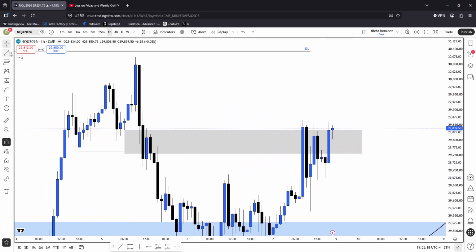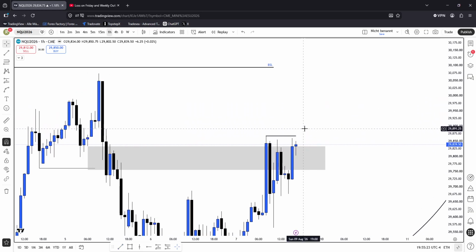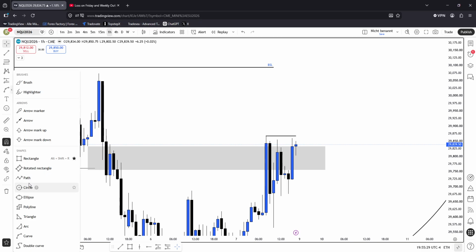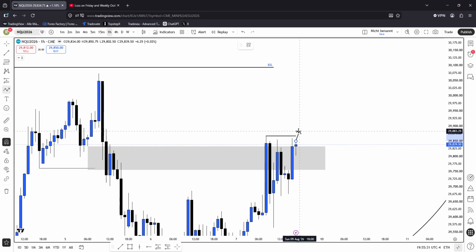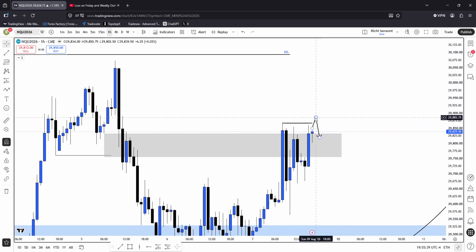And for Monday, I wanna see if we already got our sweep here. If we already got our sweep here and then displacement back inside the range, I won't really consider any participation in the market.